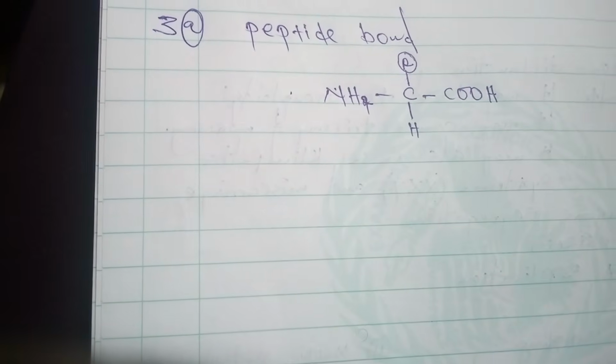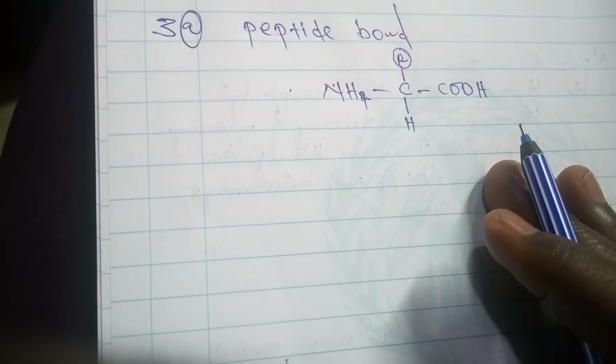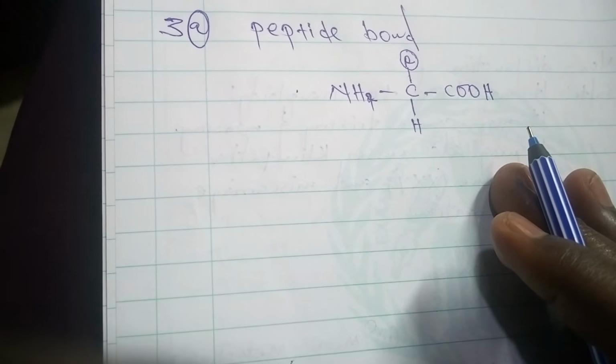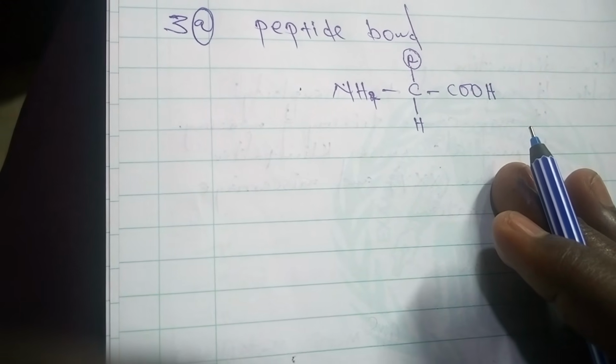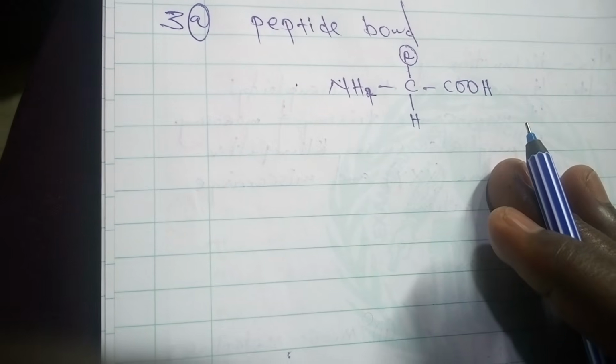So what you are going to do is write a displayed structure to help us see how the water molecule is going to be eliminated by the process called condensation or dehydration, where the water molecules are lost.